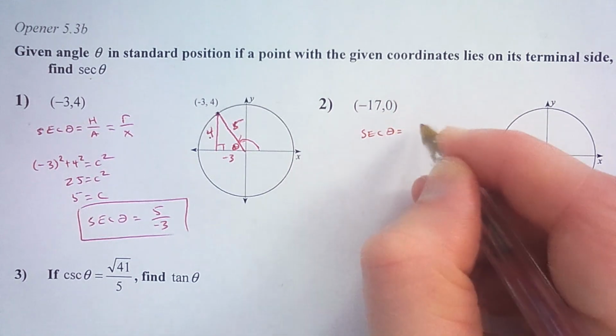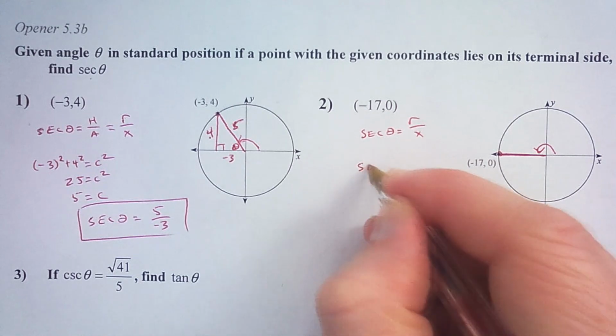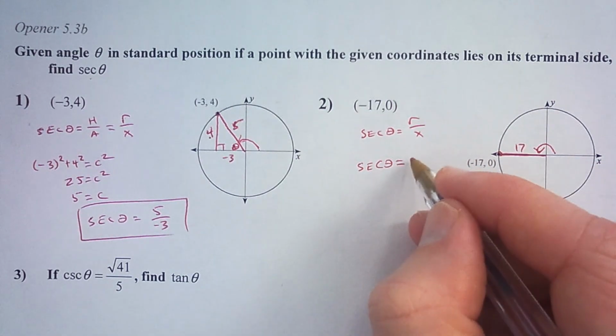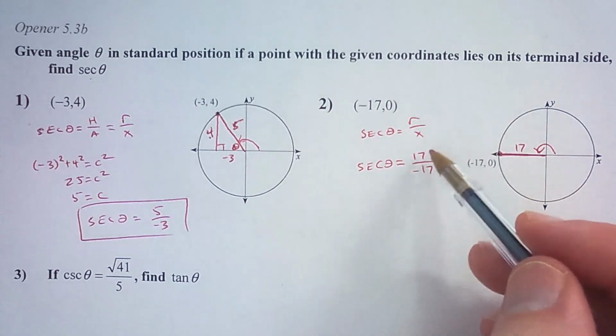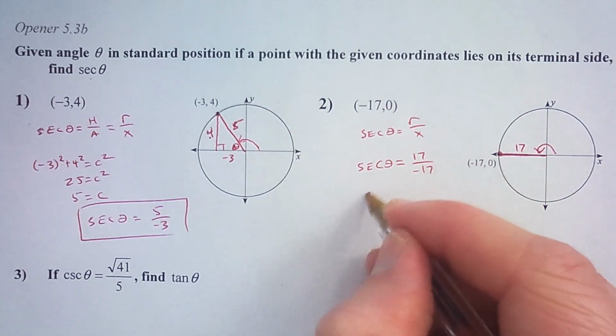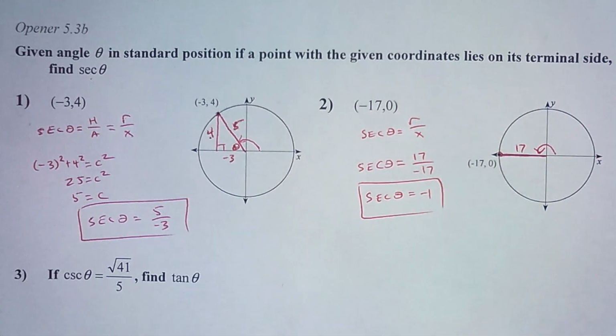Okay, so secant theta is the radius over the x value. So here, secant theta is a radius of 17 and an x value of negative 17. Remember, the radius is always a positive number. Okay, so secant theta equals negative 1.